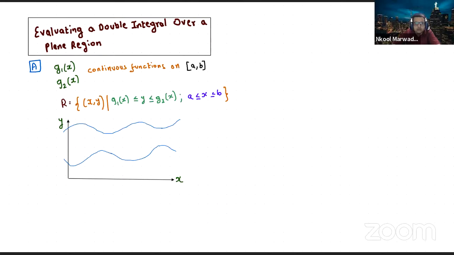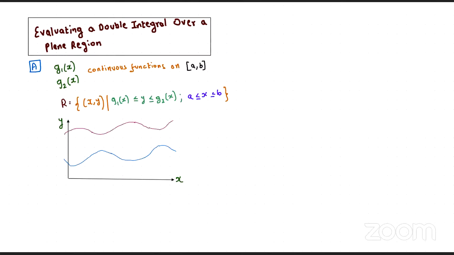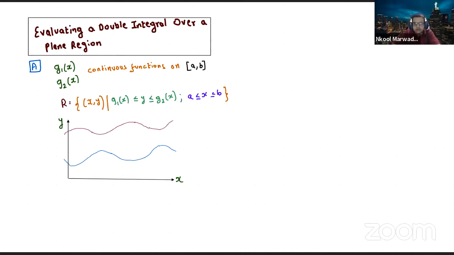Both g1 and g2 should be different, to emphasize that they are different. Any continuous function will do. Now this is y equals g2(x), and this is y equals g1(x).